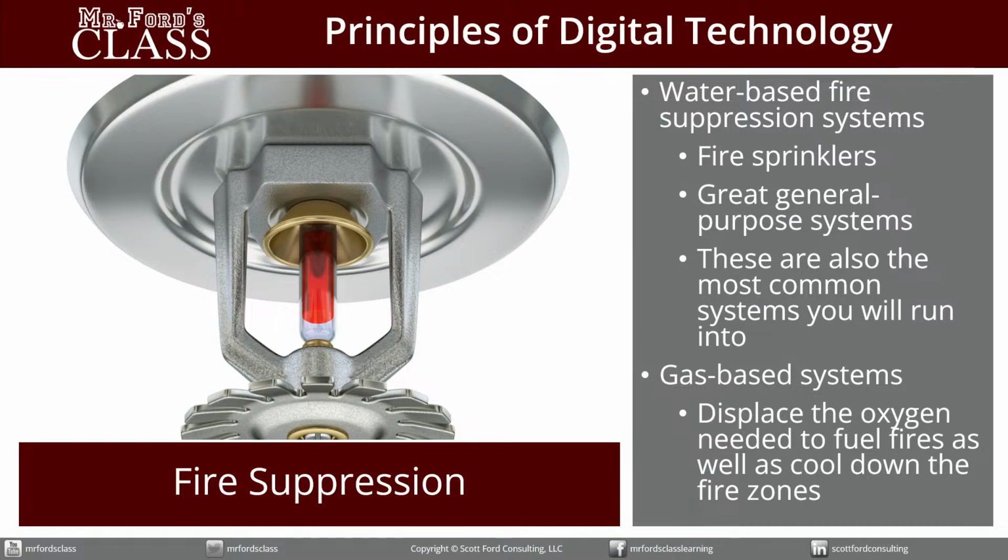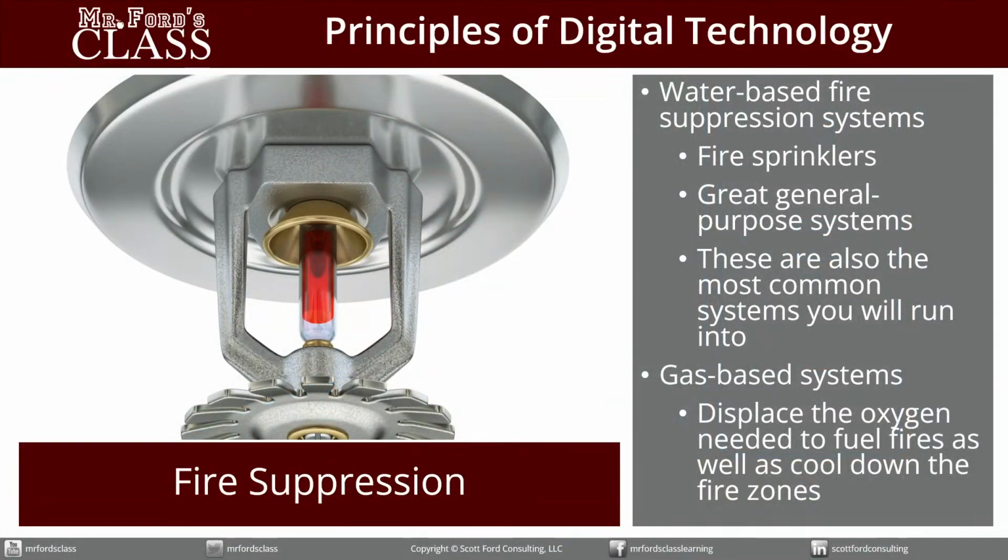The problem with water-based sprinklers is that computers and digital technology don't really mix with water. They just don't go together. In situations where we might have a server room with thousands and thousands of dollars worth of hardware and computer equipment, the last thing we want to do is douse it with water. In fact, putting out the fire might cause more damage than the fire itself. So we have to use something different, which is a gas-based system.